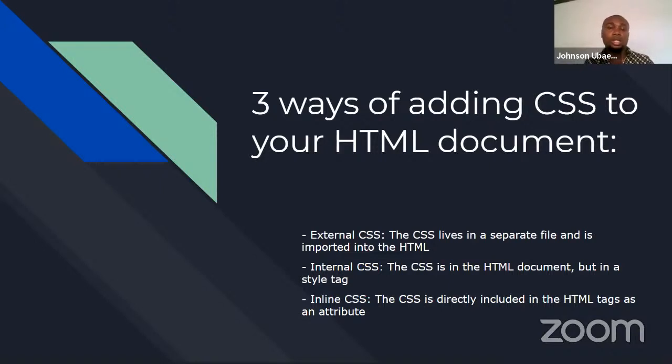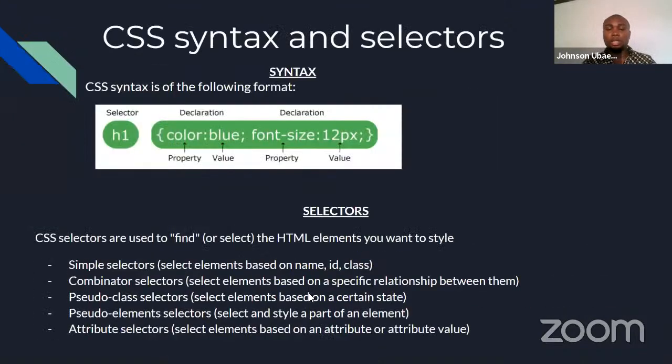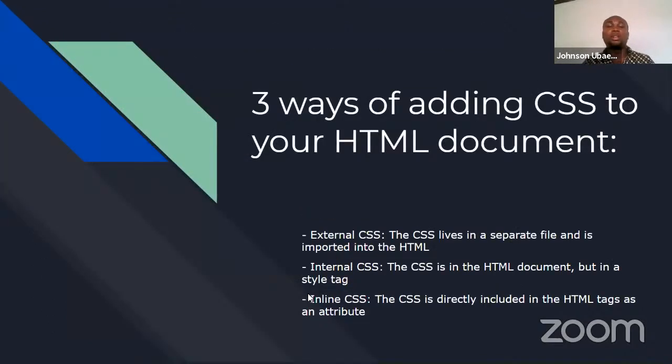It will contain all the CSS. That's when you are styling your HTML using internal CSS, or it could also be inline. By inline, it means the CSS is included directly inside the HTML tags as an attribute.